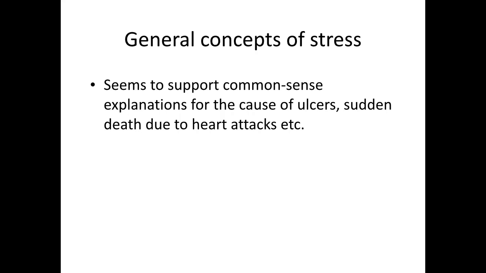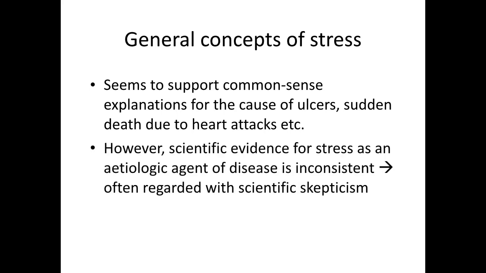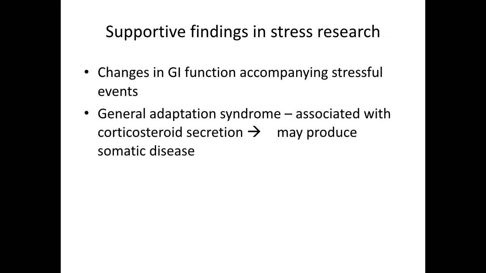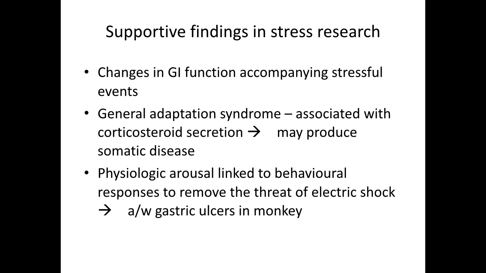When we look into stress, this general concept of stress seems to support common-sense explanations for the cause of ulcers or sudden death due to heart attack. However, scientific evidence for stress as an etiologic agent of disease is somewhat inconsistent and often regarded with scientific skepticism. However, there are supportive findings in stress research. They were listed here.